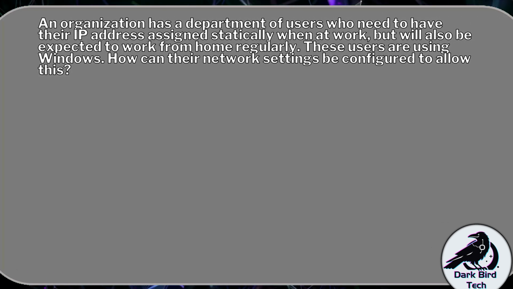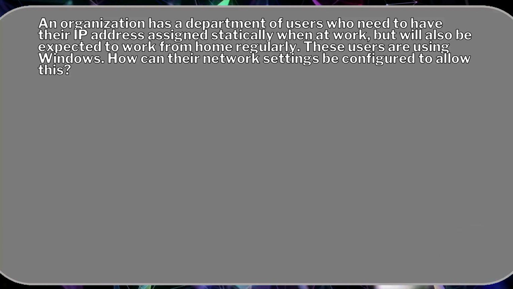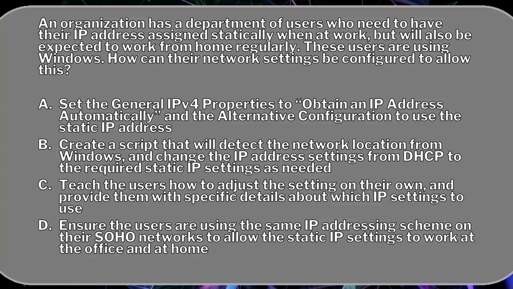Let's move along. An organization has a department of users who need to have their IP addresses assigned statically when at work, but will also be expected to work from home regularly. The users are using Windows. Okay, how can their network settings be configured to allow this? Oof, those options are big.